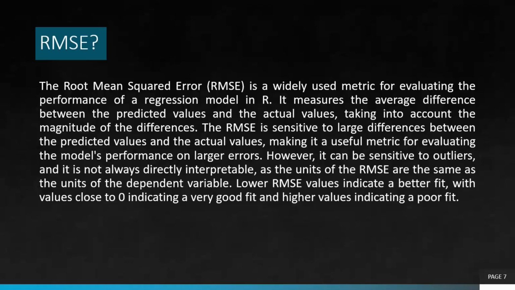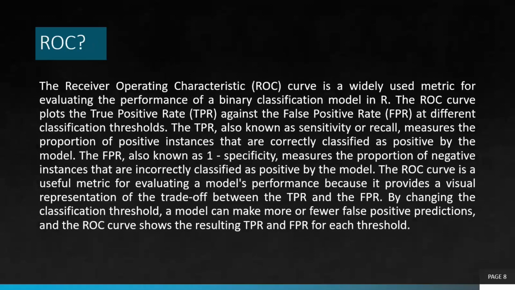Then in the last we have ROC, which stands for Receiver Operating Characteristic curve, and it's a widely used metric for evaluating the performance of a binary classification model in R. The ROC curve plots the true positive rate against the false positive rate at different classification thresholds.